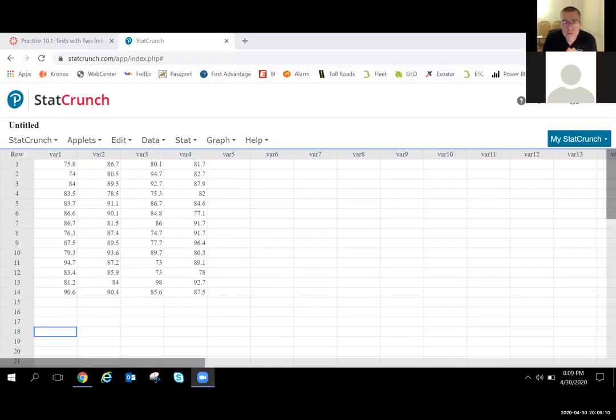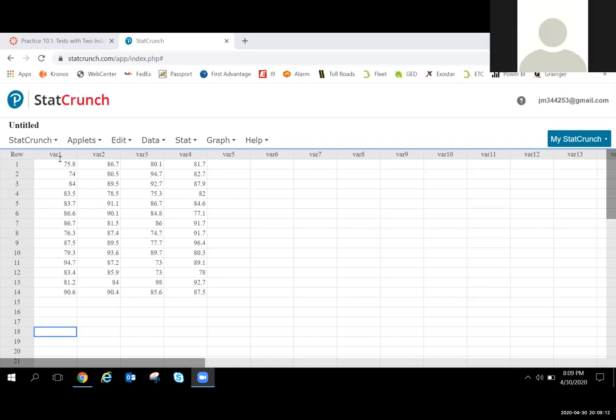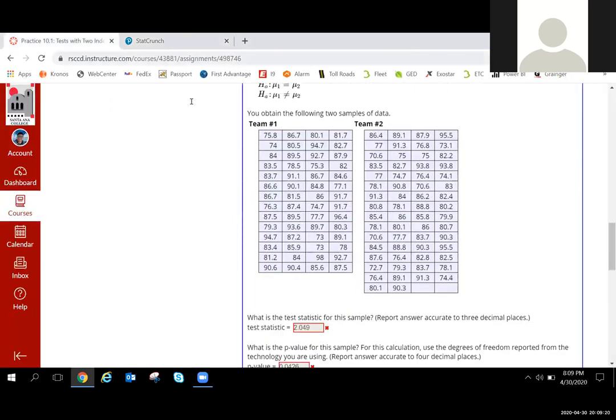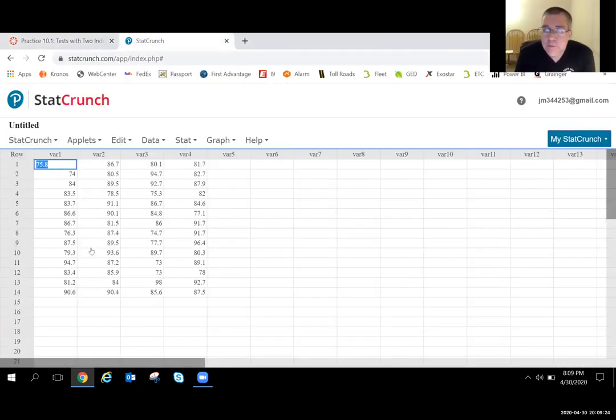Sure. Okay. Can I share my screen? Yeah, absolutely, please share your screen. Can you see it? I can, yes. Okay, so I'm doing this problem and it's asking me to enter all the data manually and get the standard deviation and the mean. So how would I do that here?